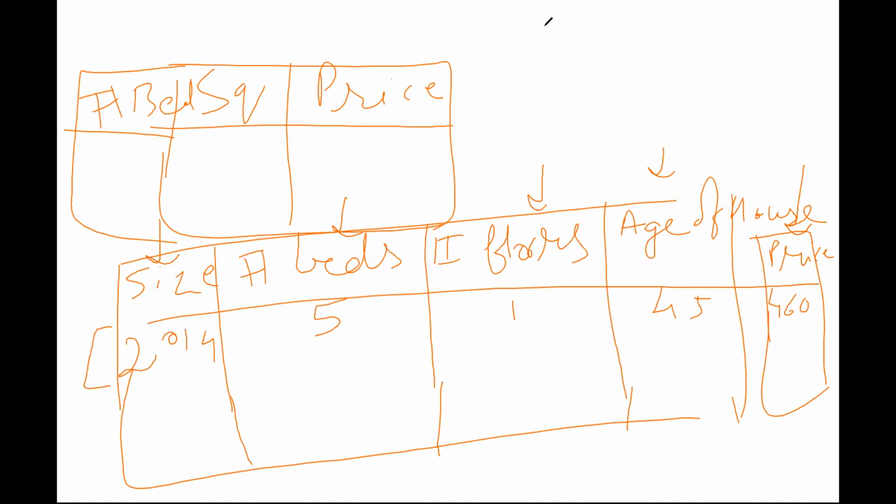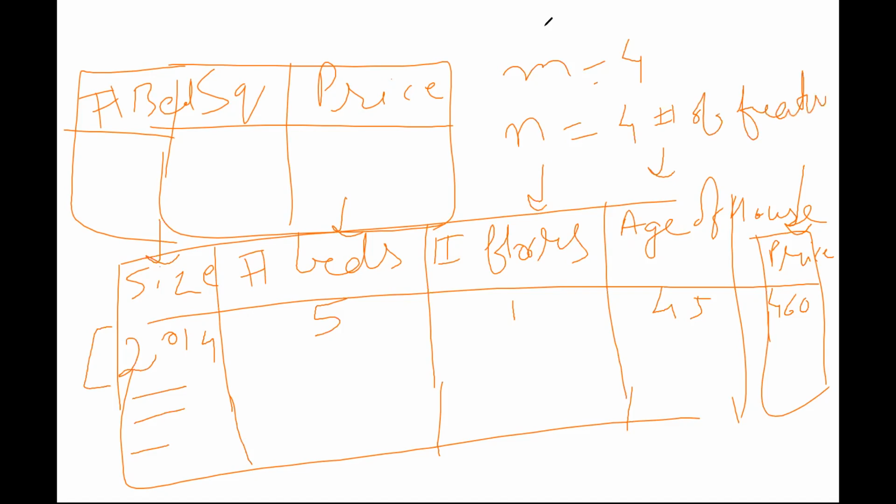So here if I am writing 1, 2, 3, 4, my m will be 4 here. Then how many features do we have? Here we have 1, 2, 3, 4. 4 features. So that's why n will be 4, which is the number of features.